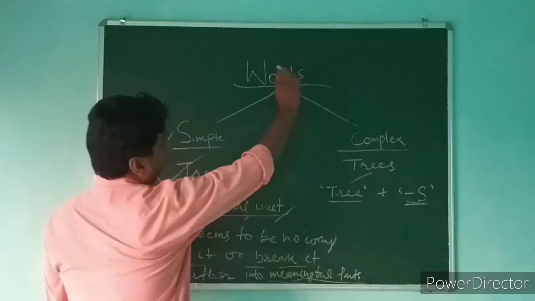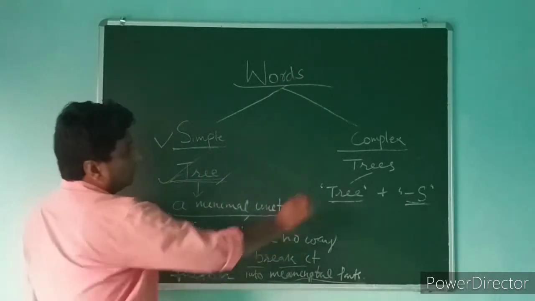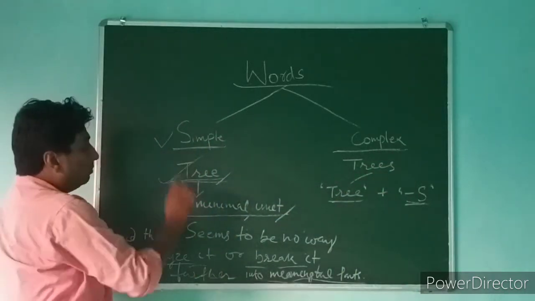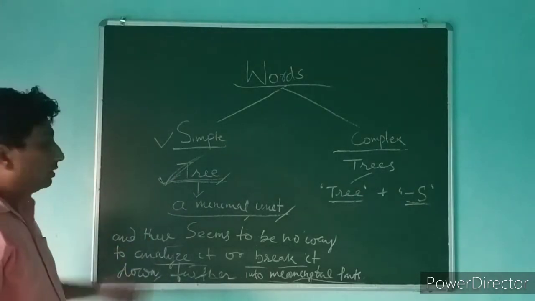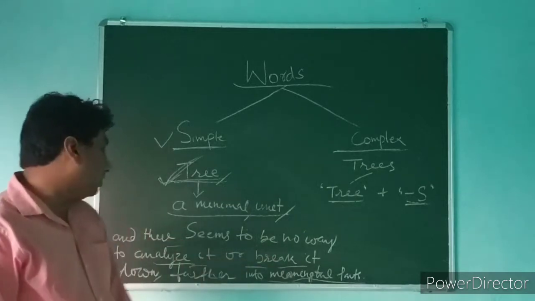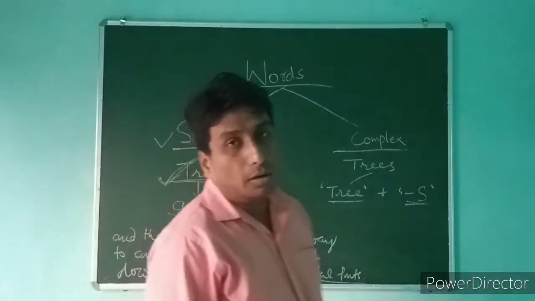As I told you earlier, words can be classified into at least two broad categories, simple and complex. Within the category of simple words, if we consider the word tree, this word seems to be a minimal unit and there seems to be no other way to break it down further into meaningful parts.